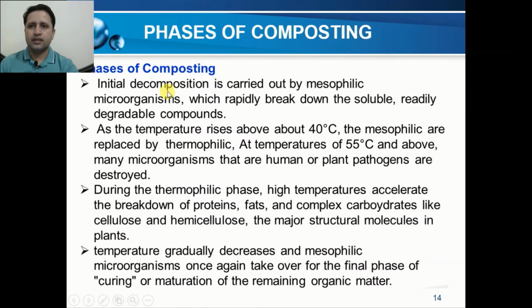Initially, the composting process is carried out by mesophilic microorganisms, which rapidly break down the soluble, readily degradable compounds. Then as the temperature rises above 40 C, the mesophilics are replaced by thermophilic microorganisms, and the thermophilic phase starts. At temperatures of 55 C and above, many microorganisms that are human or plant pathogens are destroyed.